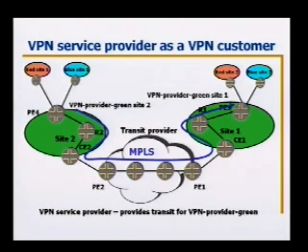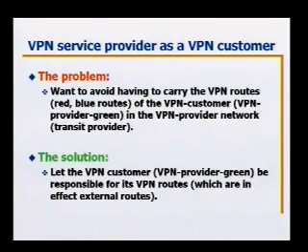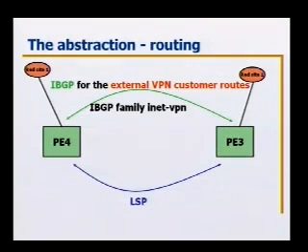So the approach is the same approach that we took for ISP as a customer. We let the customer do his own routing, and all that the provider will provide is connectivity for the loopbacks and enough connectivity to allow him to forward traffic. So what does it look like conceptually?